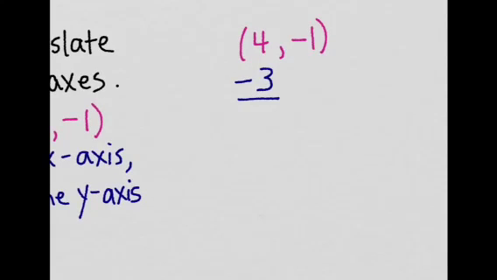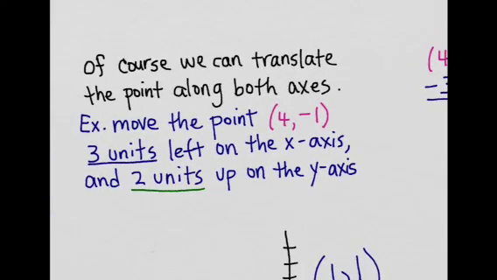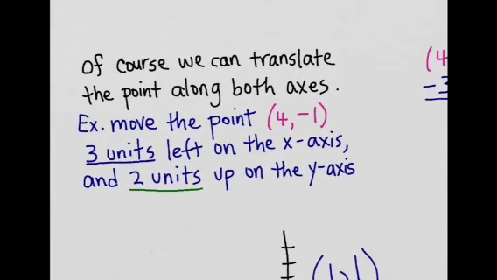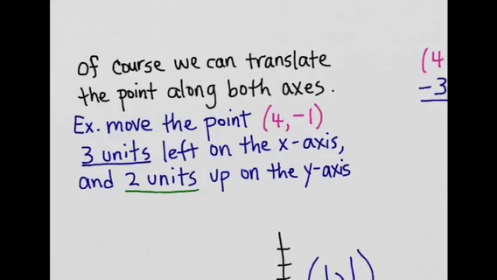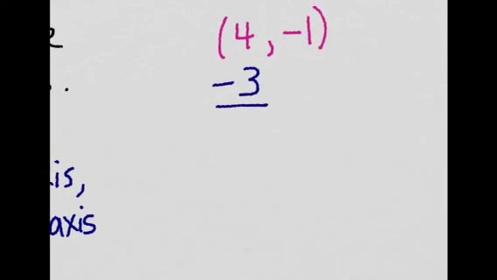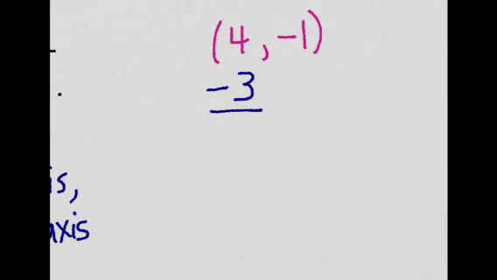Now we can also check ourselves with algebra. Since we apply the change in the x-axis only to the x-coordinate, and the change was 3 units left on the x-axis, all we need to do is subtract 3 from 4 to get the answer 1.